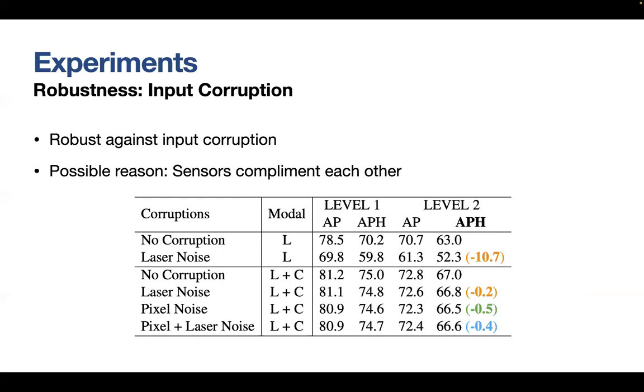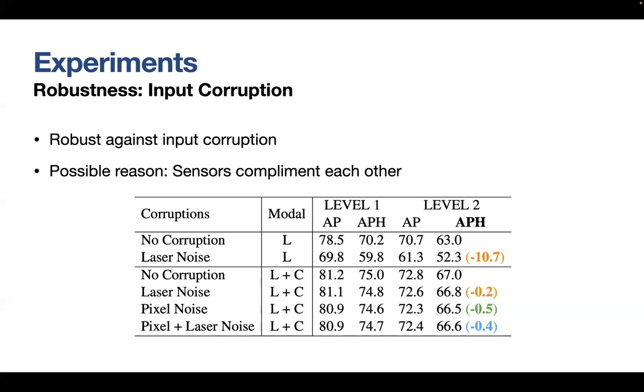In this table, we have two sections. In the first section, we have a single model architecture, which only uses LiDAR. If we add laser noise to the LiDAR, then we see that there is a 10-point decrease in performance on the right-hand side. But if we do deep fusion, if we use both modalities, and even if we apply pixel noise to the image and laser noise to the LiDAR, this decrease is still less than one point.